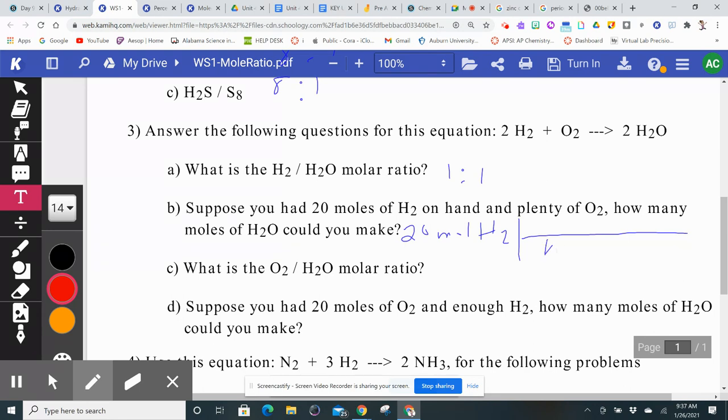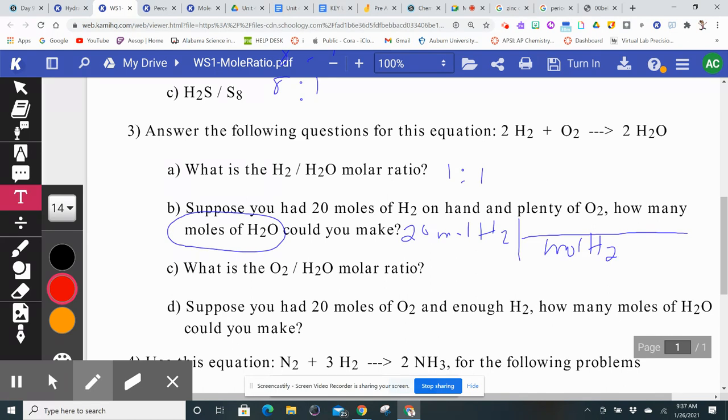In the bottom. What am I trying to get? Trying to get moles of water. So where's it going to go? On top.